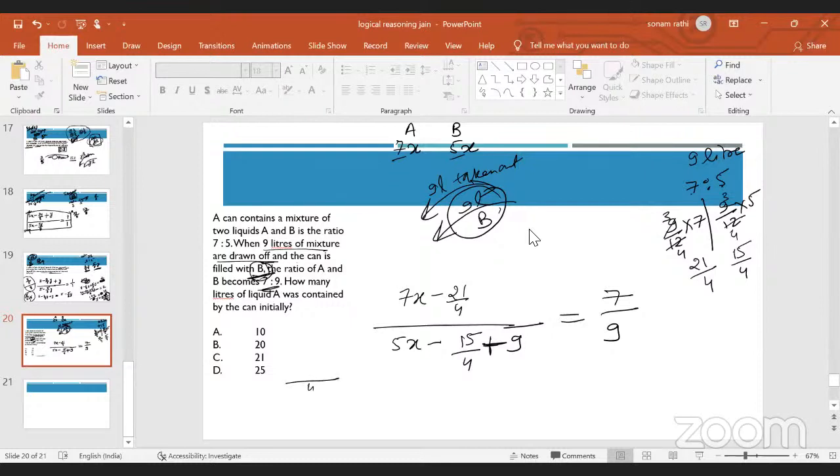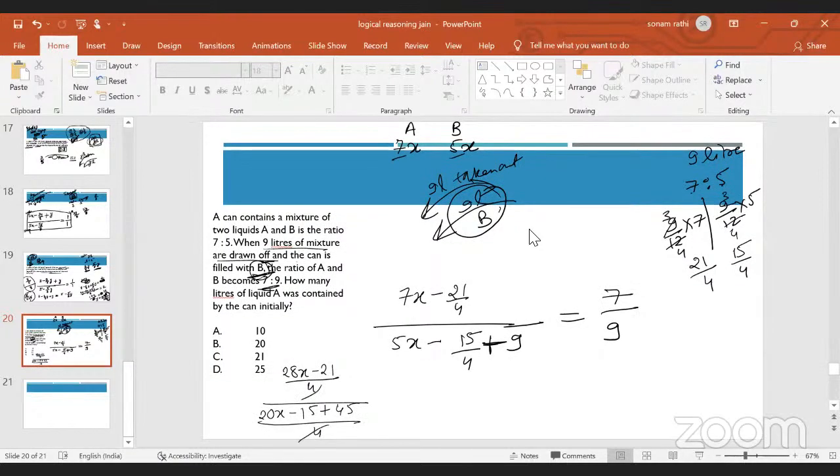This will be LCM 4, 28x minus 21 upon 20x minus 15 plus 45 upon 4. 4 cancelled out equals 7 by 9.